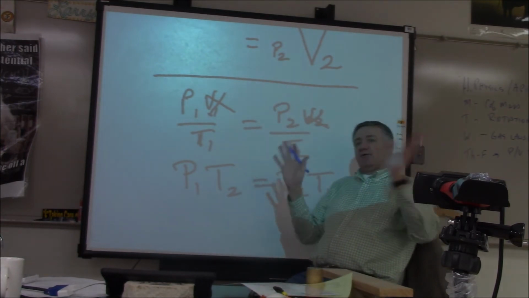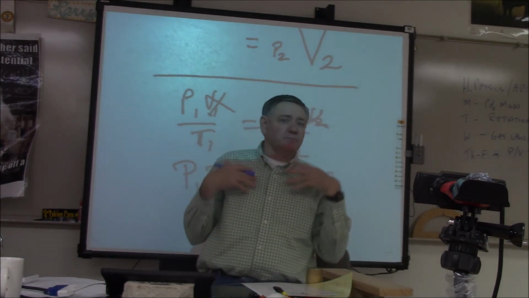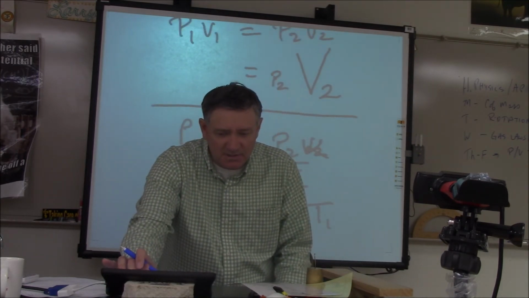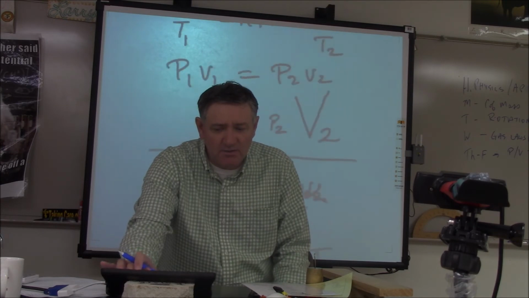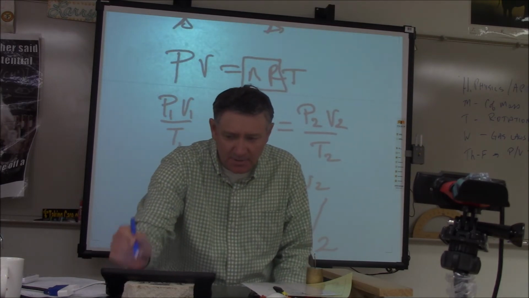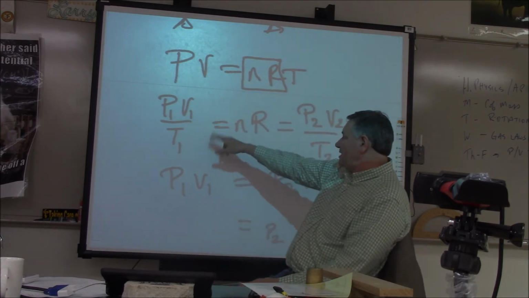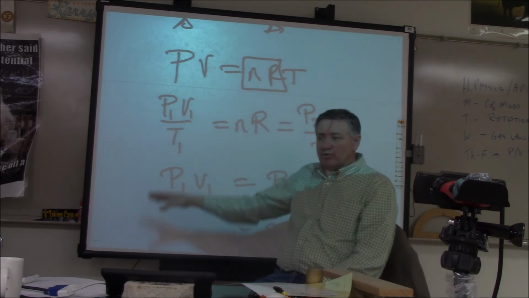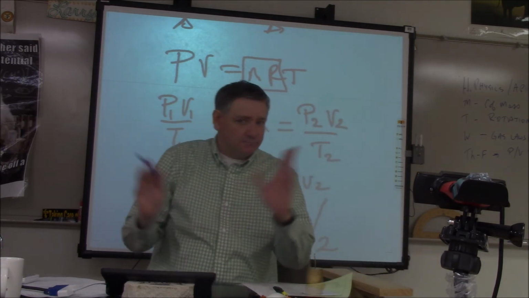They're all flipping out, running around all over the place. I have more pressure on me. So here's the beauty of this. If you set this up with this P1, V1, P2, V2, that's what's going to allow you to work most problems on this.